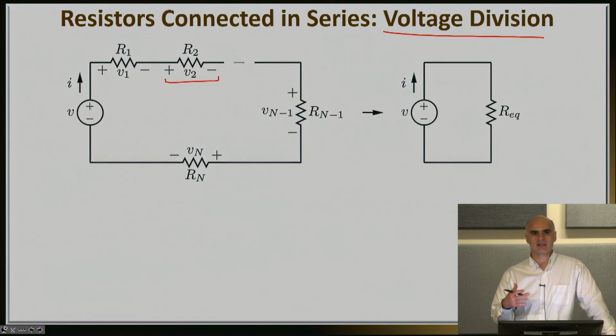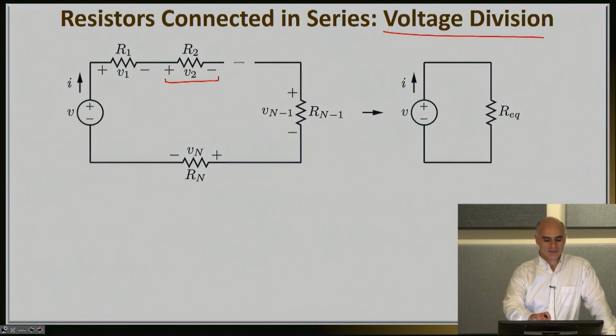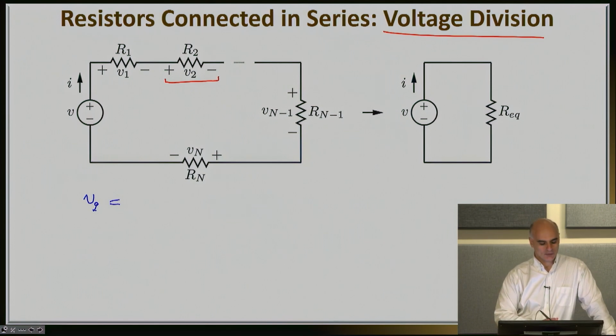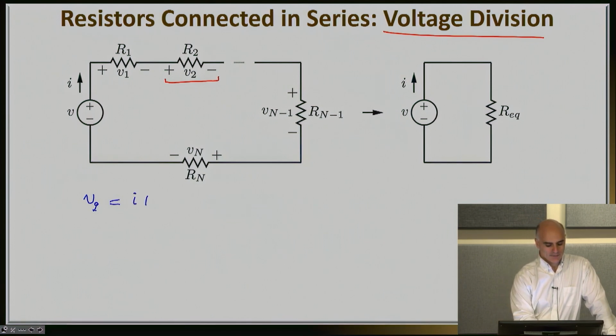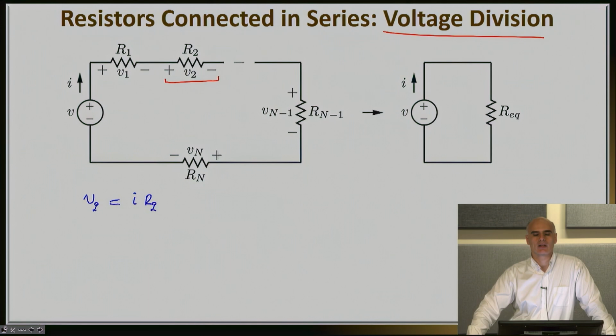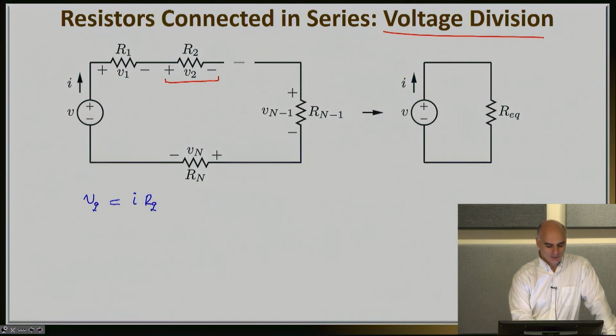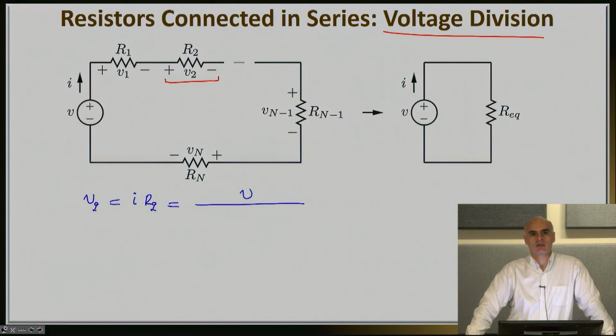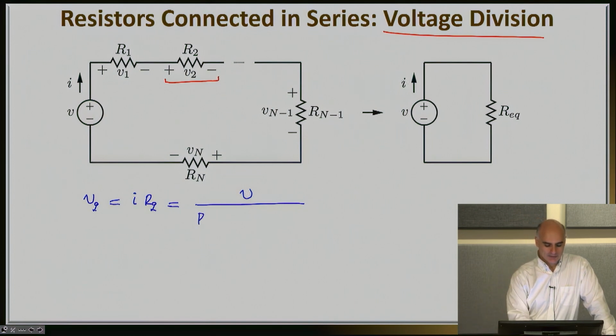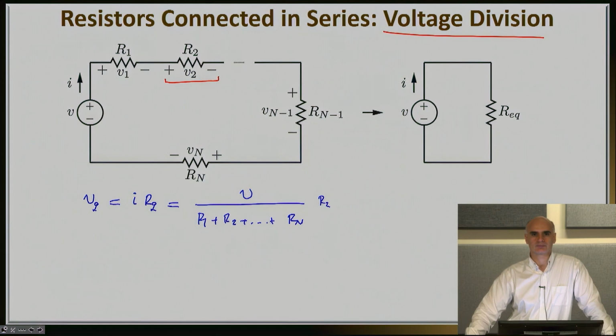If somebody says, now that you know the results, can you really find me what V2 is? I could easily write down V2, based on Ohm's law, as we did before, as I times R2. But I, as we just learned before, will be nothing else but V, the total voltage that you apply, divided by the total resistance, R1 plus R2 all the way to Rn, times, of course, R2.